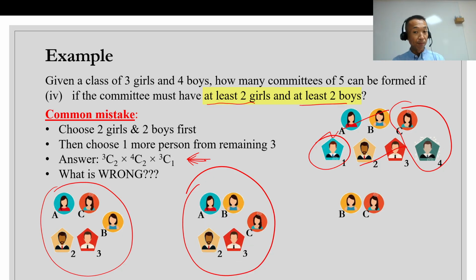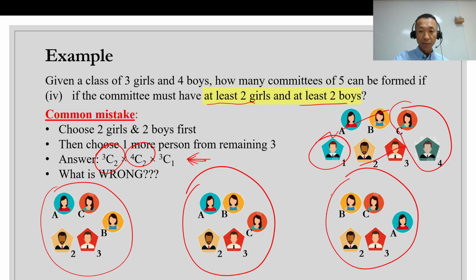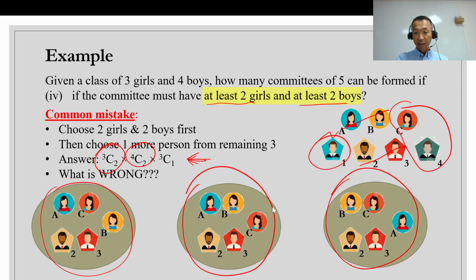Similarly, if I had chosen B and C from my 3 choose 2, and then from my 4 choose 2, I choose 2 and 3, and my 3 choose 1, I choose A. You will realize that these 3, this set of 5, are exactly the same, all 3. Which means we have counted too many cases inside here.